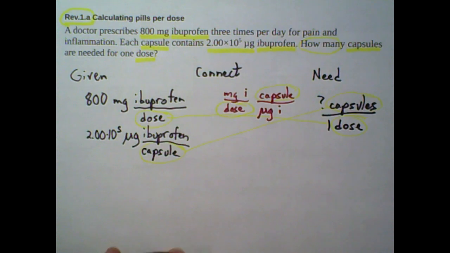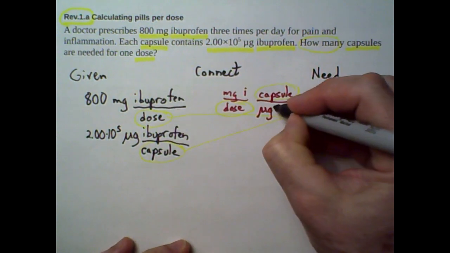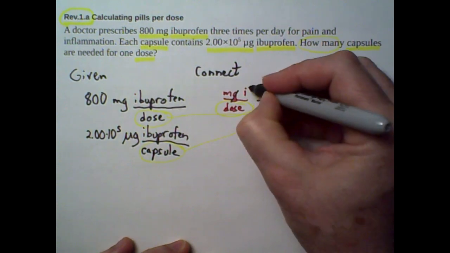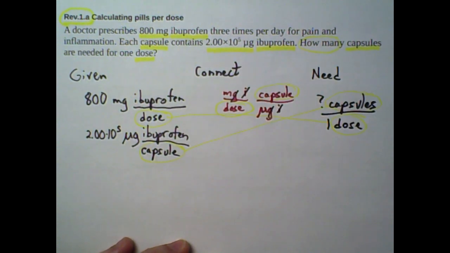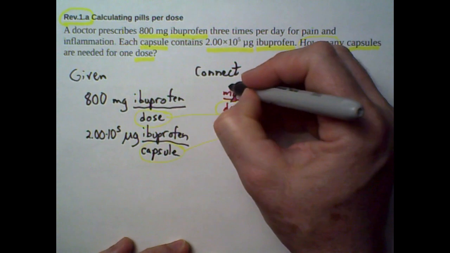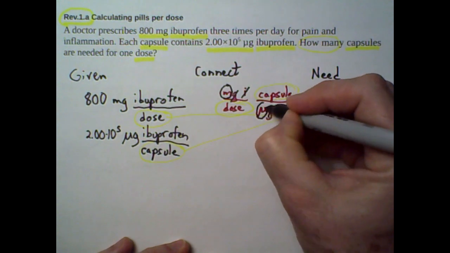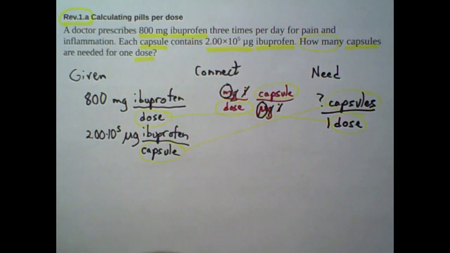It also cancels out grams and ibuprofen, leaves behind milli and micro. So I'm going to have a little more to do. I need to get rid of milli and micro.